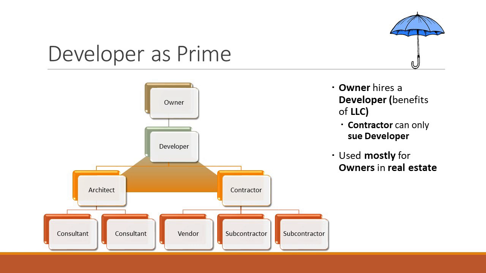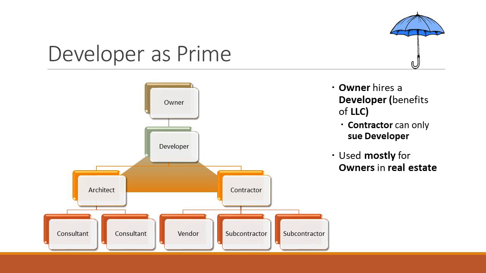It's an LLC. If you remember the limited liability corporations from our lecture, that LLC has tax benefits. There can be managers and members. The owner here would be a manager or member. So you get tax benefits, you get revenue benefits, but you also get the benefits of liability. Kind of like the owner becomes a shareholder as a manager or member of the development company, but can't be sued.